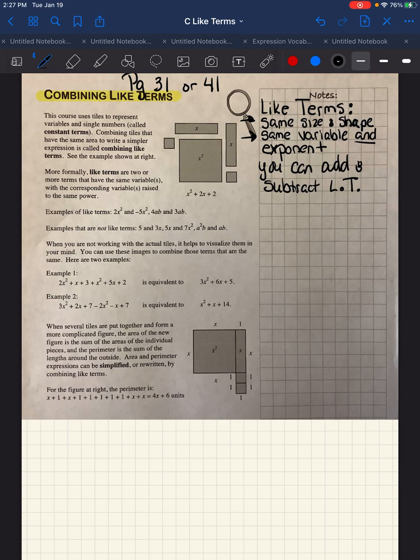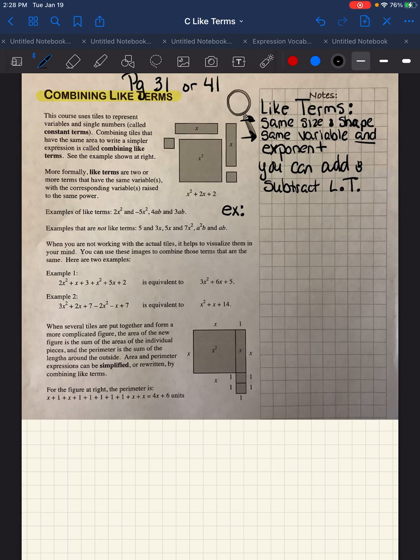Why do we want to do that? Well, it means that we can write less, right? So let's look at an example, and then I'll talk about how this relates to what we were talking about with the area of the algebra tiles. And then we also need to kind of hit on how do we find the perimeter.